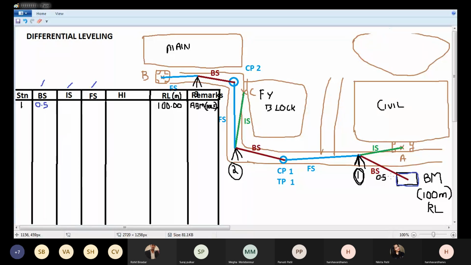If yes, please raise your hand. Backsight is a staff reading taken on a point whose elevation is known. Benchmark is a point whose elevation is known, so if you take a staff reading on the benchmark, that staff reading will be backsight.